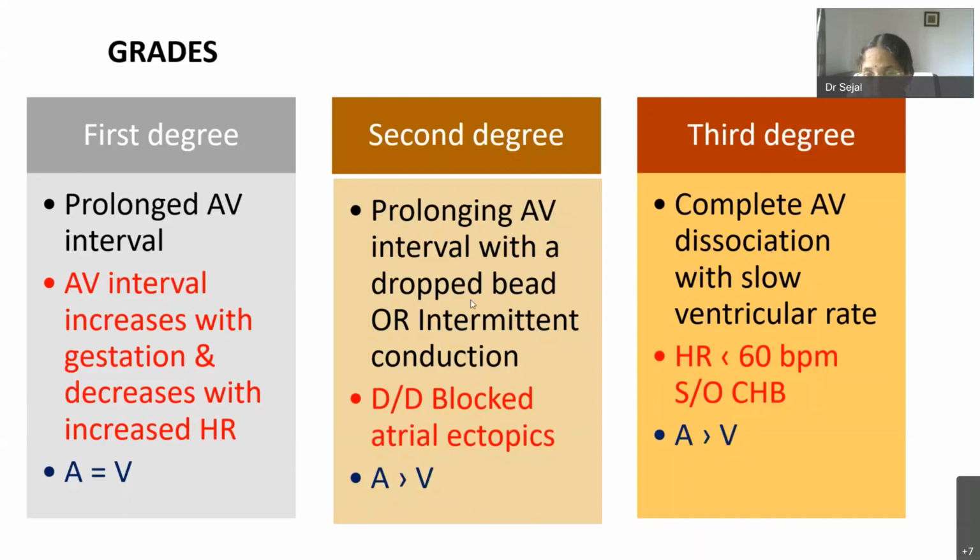In both situations, your atrial rate is going to be more than the ventricular rate. And if it's third degree, it's a complete dissociation. Ventricular rates are usually less than 60. If my ventricular rate is around 70, 80, then I'll think in terms of a second degree AV block rather than a third degree AV block. And here again, my atrial rate is going to be more than the ventricular rate.